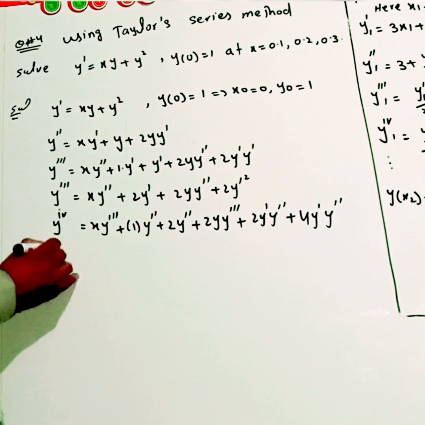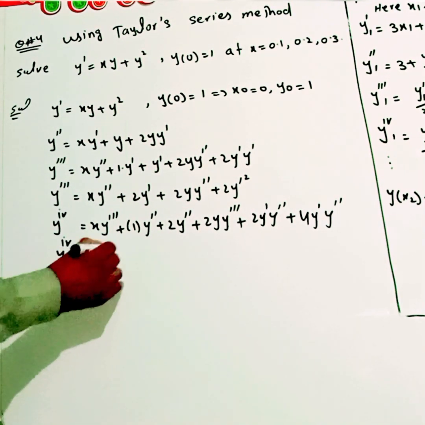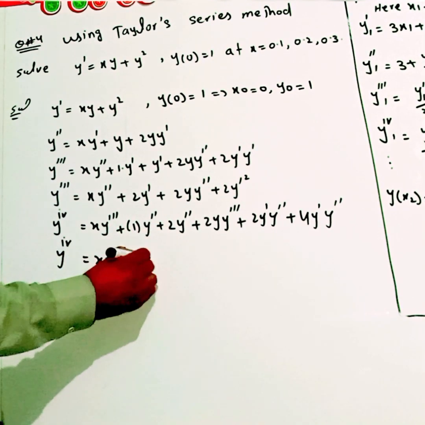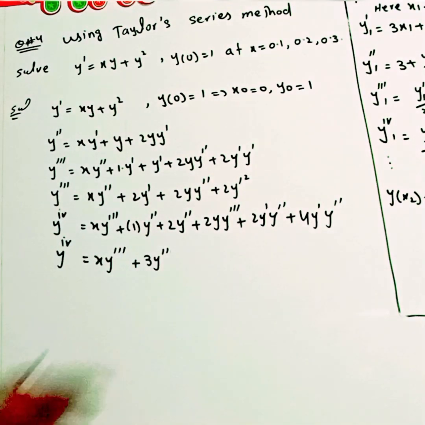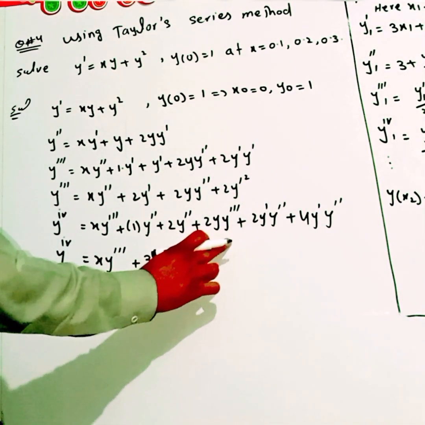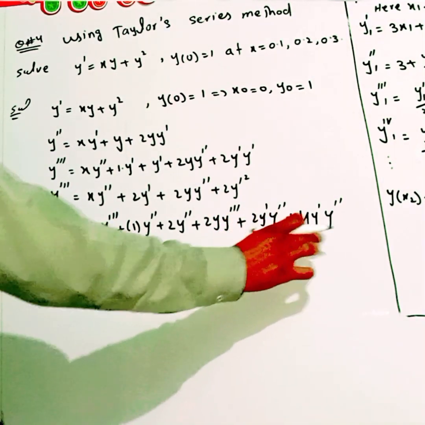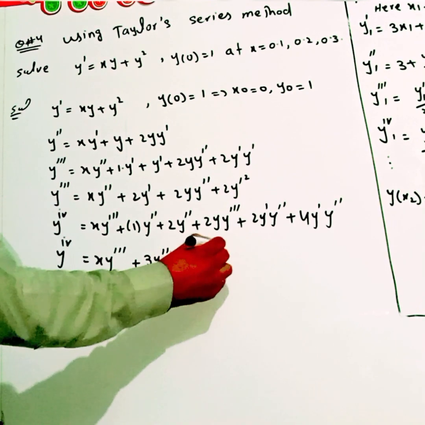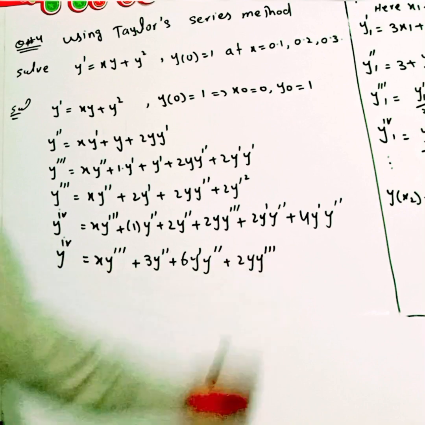After combining same terms, we obtain fourth derivative of y is x y triple prime plus 3y double prime plus 6y prime y double prime, and this term 2y y triple prime.